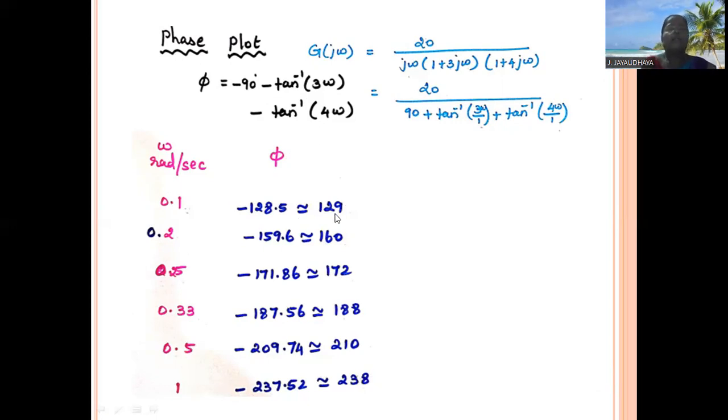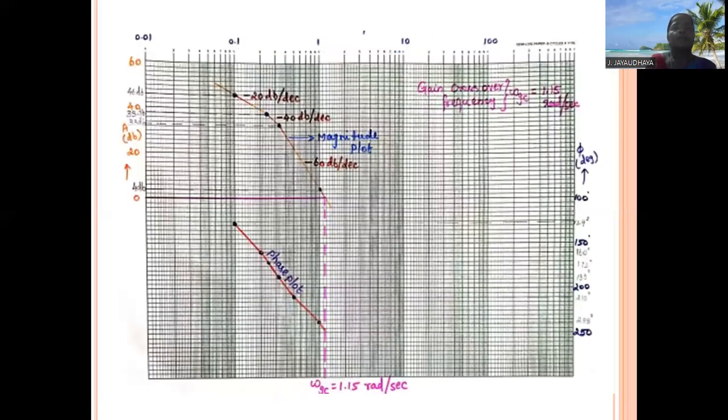Okay. Now we know the magnitude values and phase values. So using this data, we have to construct the Bode plot. This is a similar sheet, so using this sheet, we are going to construct the magnitude plot and phase plot. Now I am taking this as 0.01. Then next 0.01, 0.02, 0.03, 0.04, 0.05 like that.